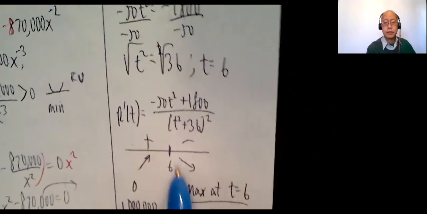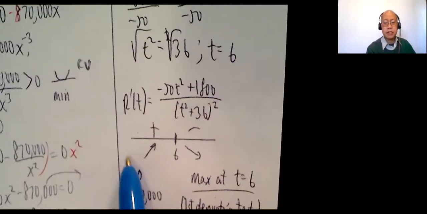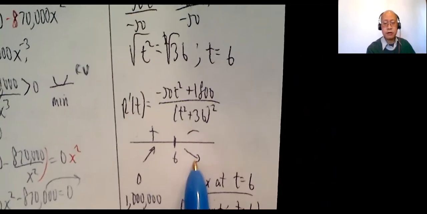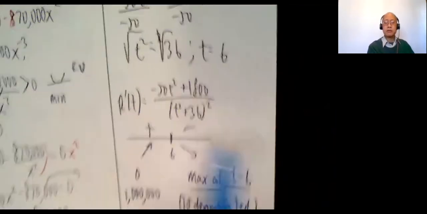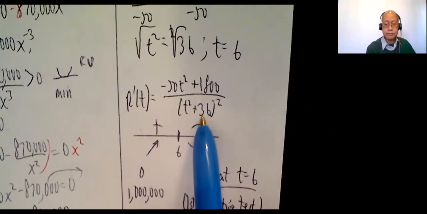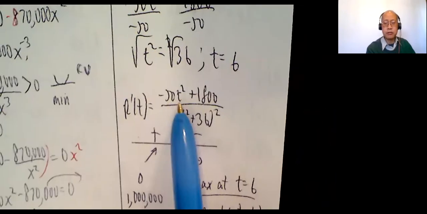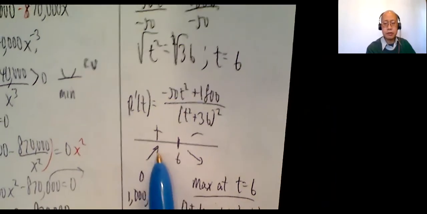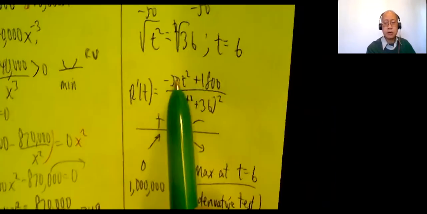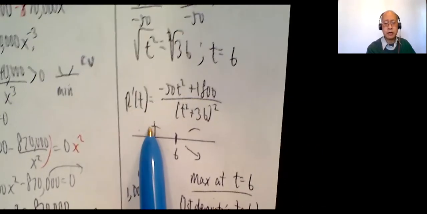So I lay down on my number line 6, right? Pick something over here, pick something over here. Now, the denominator is already positive, so the sign is completely determined by the numerator. What's a nice number smaller than 6? 0. Put a 0 there, that's positive. Positive divided by positive, positive.